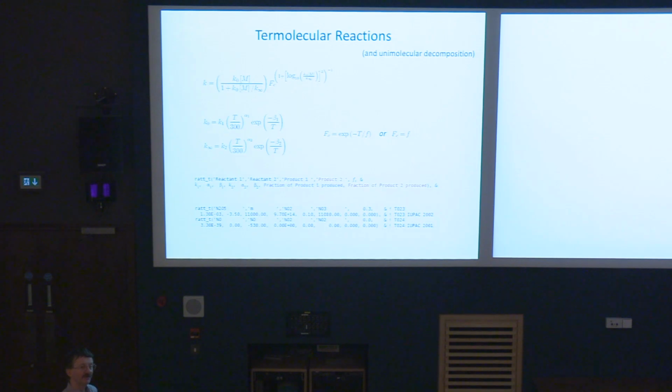What happens as you increase the density of the air? There's a greater chance of a third body being involved. And the parameterization is a little bit more complex here: K0 for low pressure, K infinity for high pressure, parameterized in a similar kind of way. We use this TROE expression here. Again, you provide the data for this within this file for ASAD.